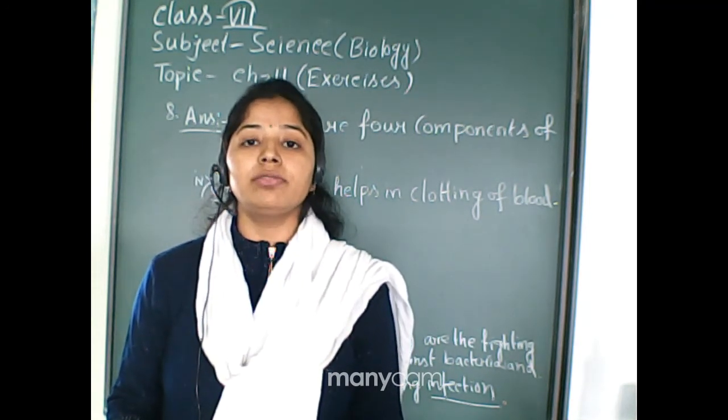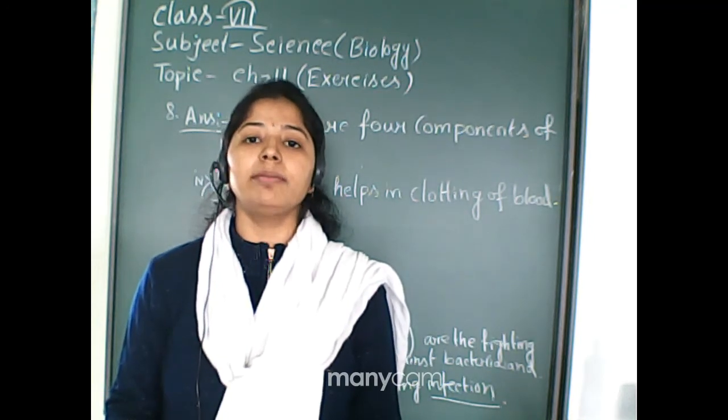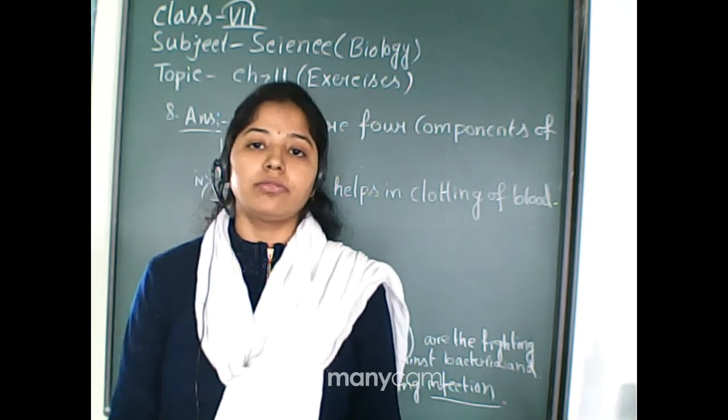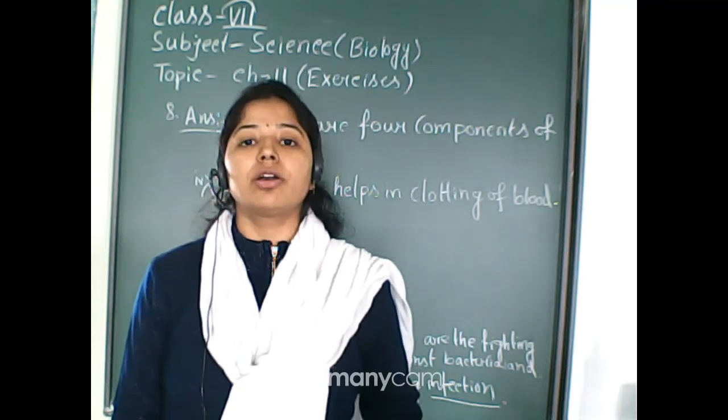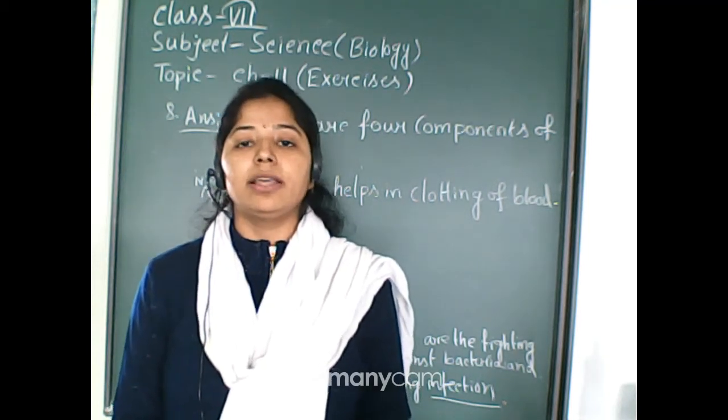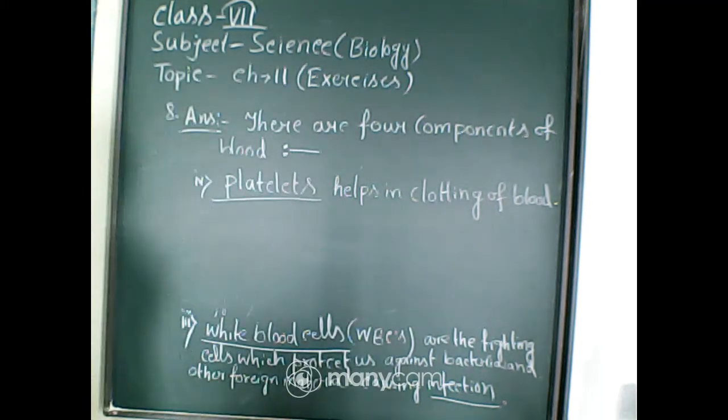If there is extra loss of blood, it may cause death of that person. So it helps by clotting or coagulation of blood, and in this way it is very much essential for our blood. Platelets help in clotting of blood. So here we have seen the main 4 components of blood.